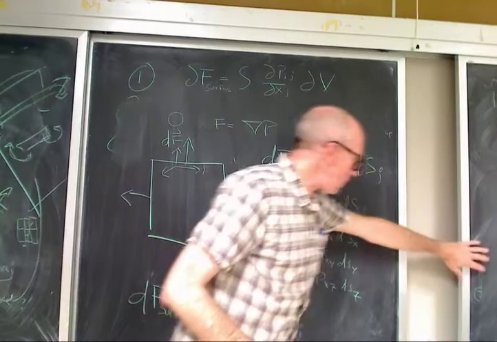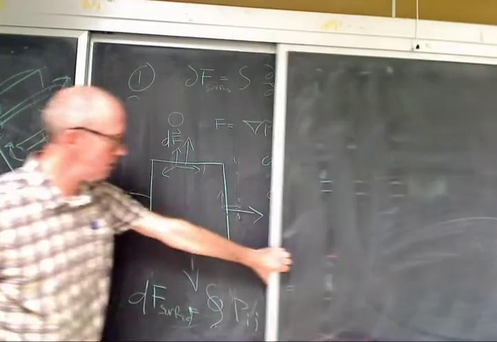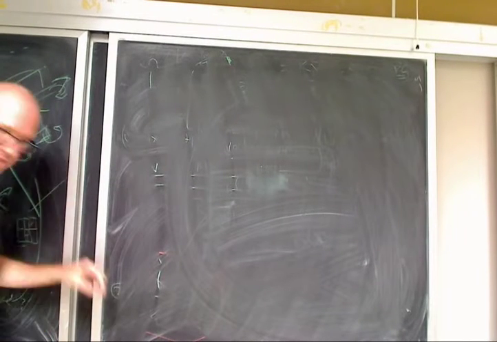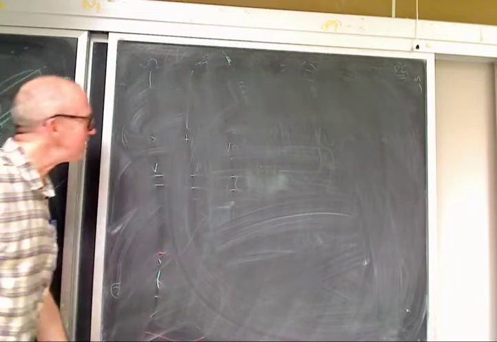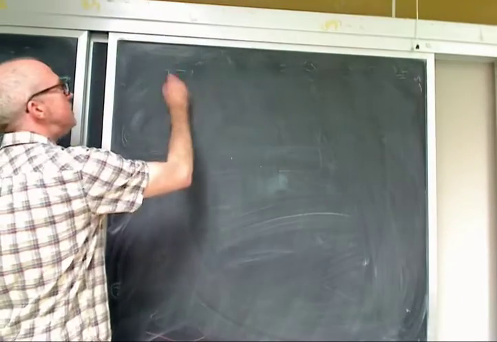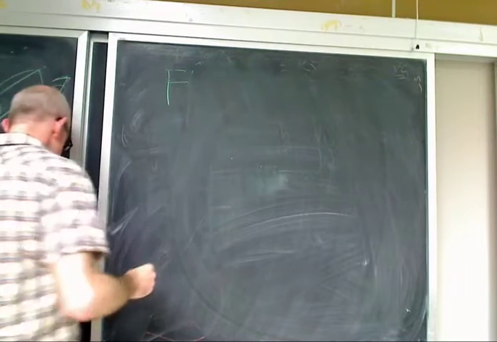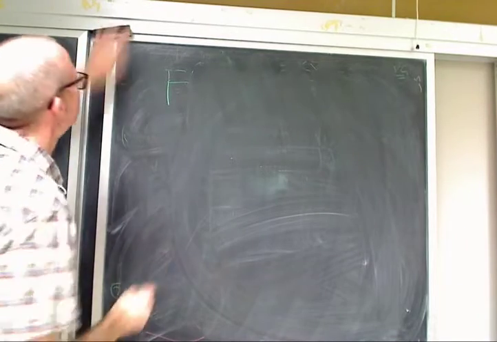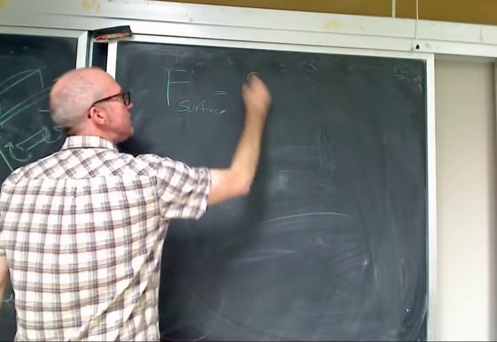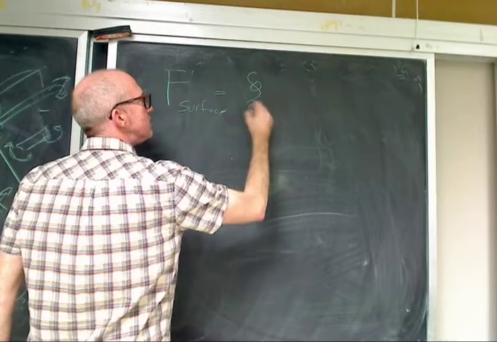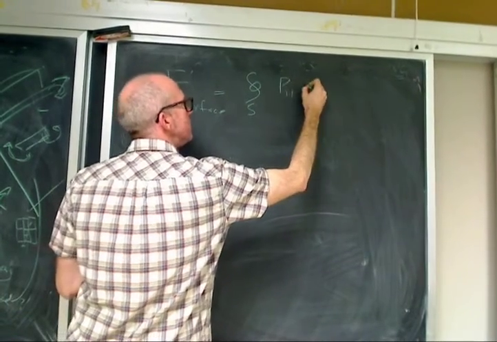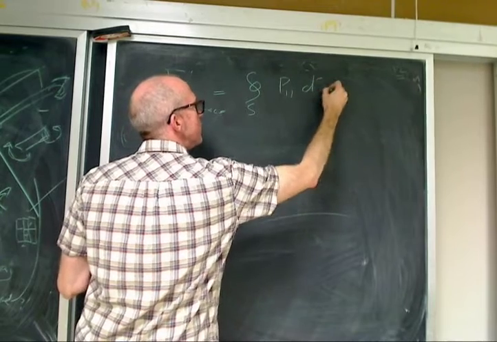Now, Gauss's law. One of these days I'm going to disassemble this board and make it easier to pull, but I have not done that yet. Okay, so F on the surface is the integral along the surface of Pij dSj.